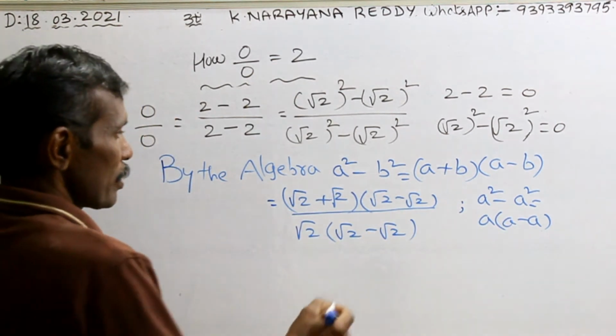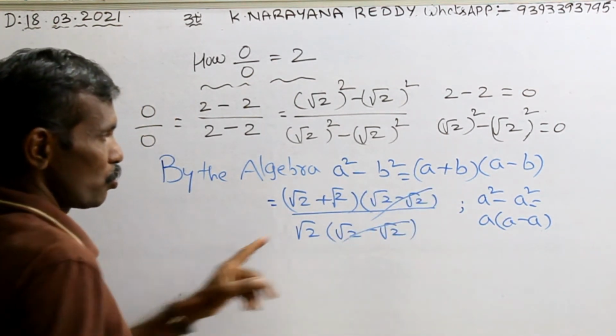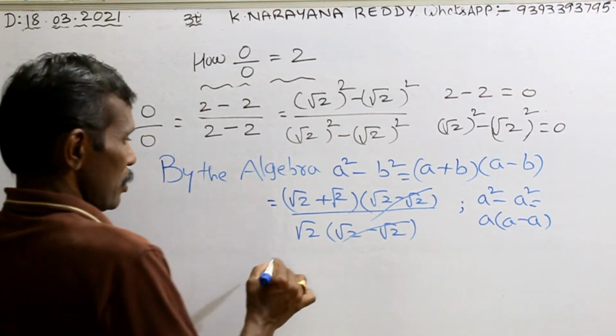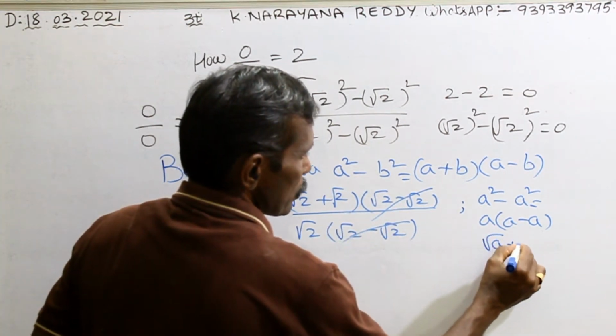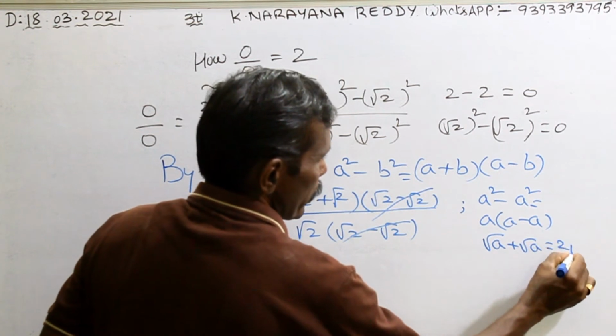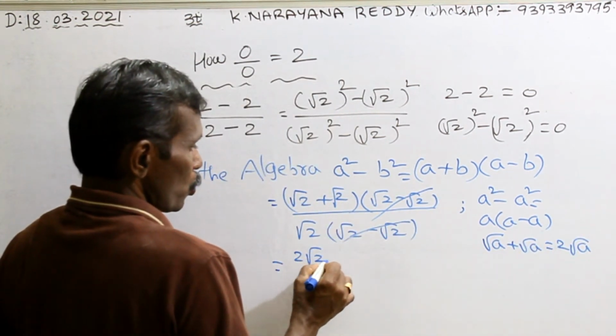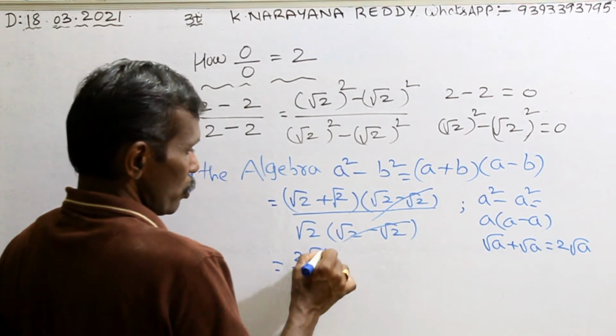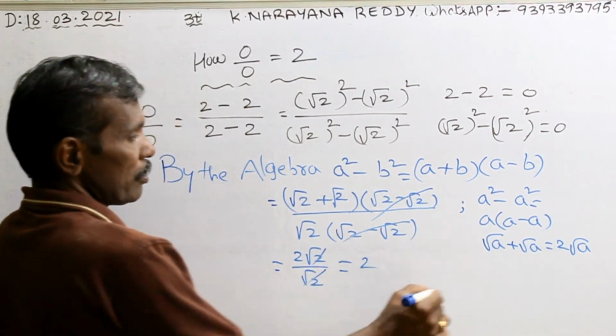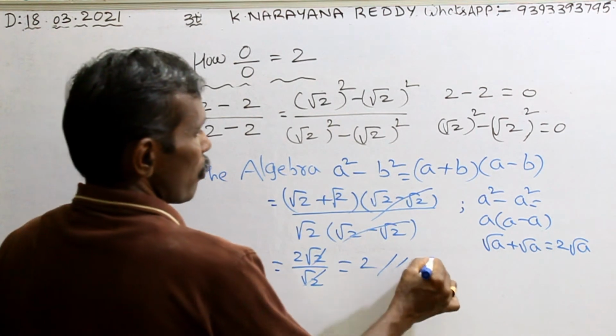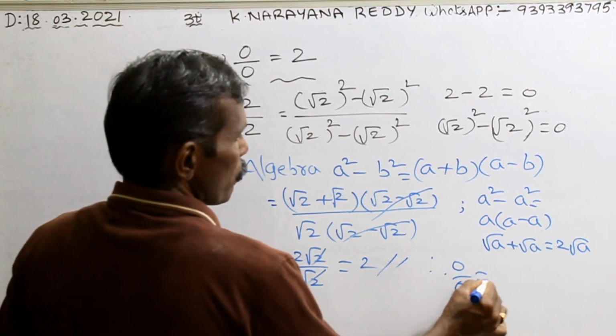Yes or not? You know this cancels. Root 2 minus root 2, root 2 minus root 2 cancel. Root a plus root a equals 2 root a. By this formula, 2 root 2 divided by root 2. Root 2, root 2 get cancelled, and it is nothing but 2. Therefore, 0 by 0 equals 2.